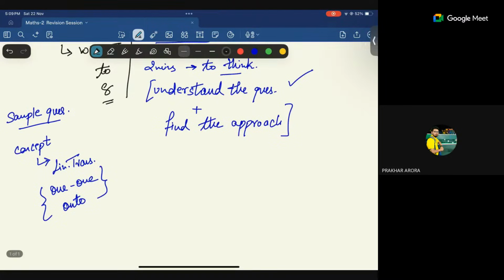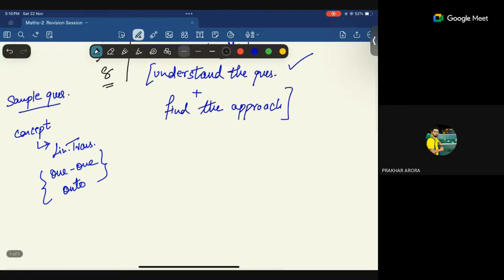Yeah, so this linear transformation is a topic from week number 5 only. When we reach week number 5, we will find linear transformation, and there would be an approach to find whether the transformation is 1-1 or onto or both or none.